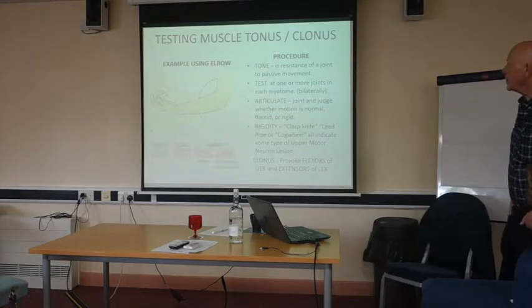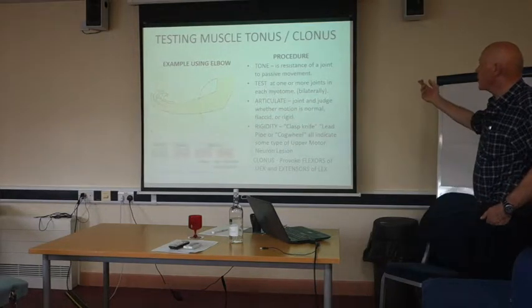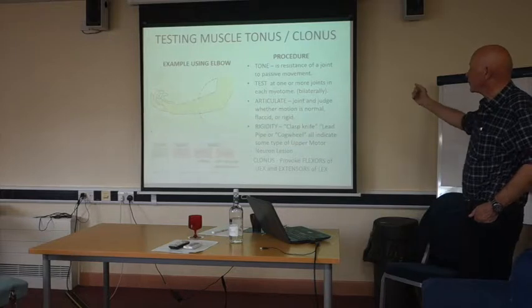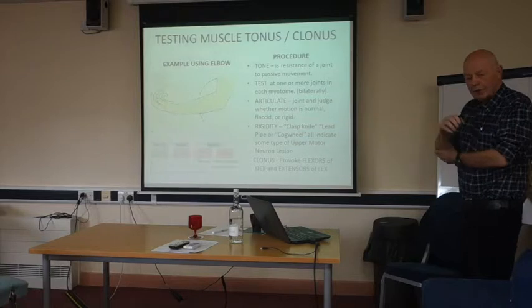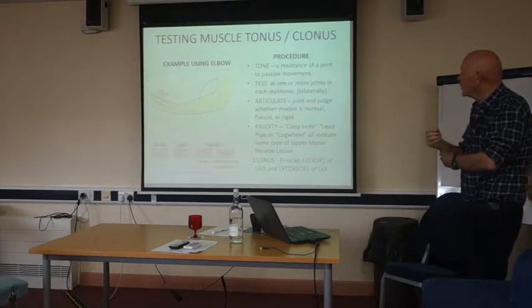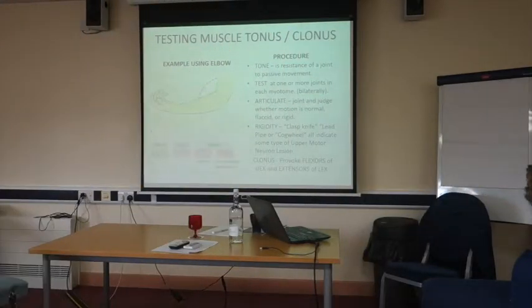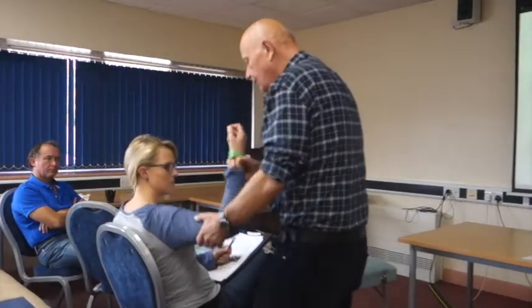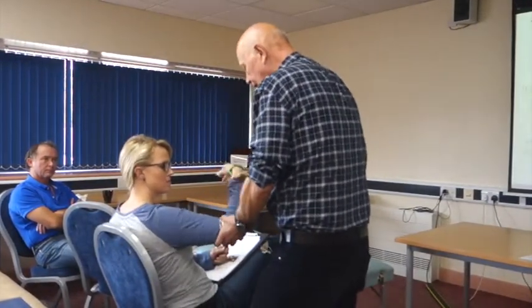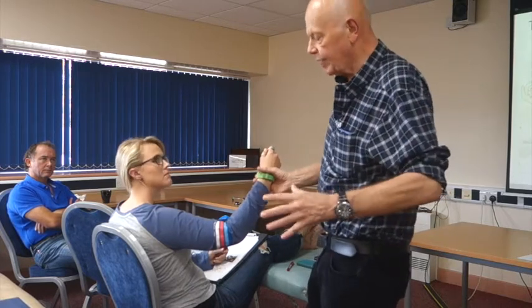So if we're doing muscle tone, resistance to passive movement, as we said, we test one or more joints in each myotome, and you articulate the joint and you just decide whether you think it's normal. Can I borrow this? Yeah. So if she's just lying down, I'll let you relax. I might just move it around like that, and just see, am I getting a normal resistance to that movement, or is it more floppy or more rigid than I expect?